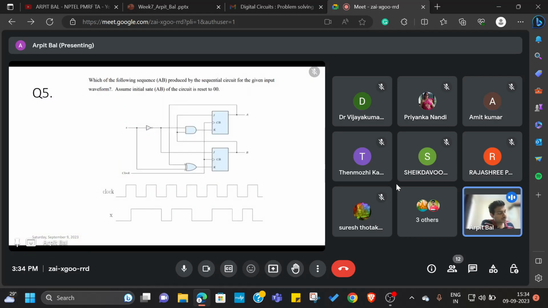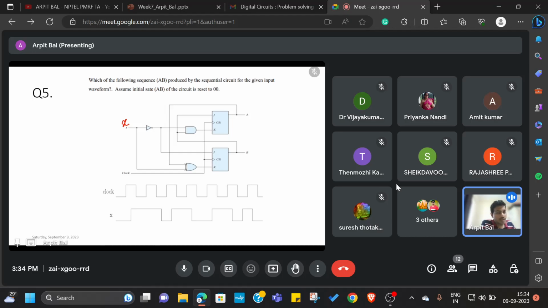The next question says we are given a circuit. This is X. Let me write it a bit. We are given a circuit, and we need to figure out what is going to be the AB output for the given input.